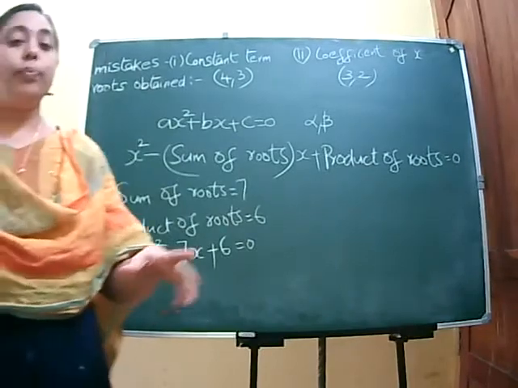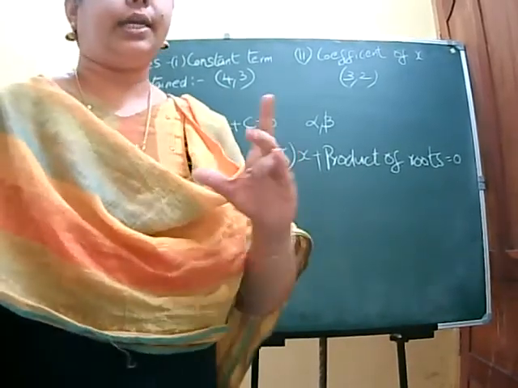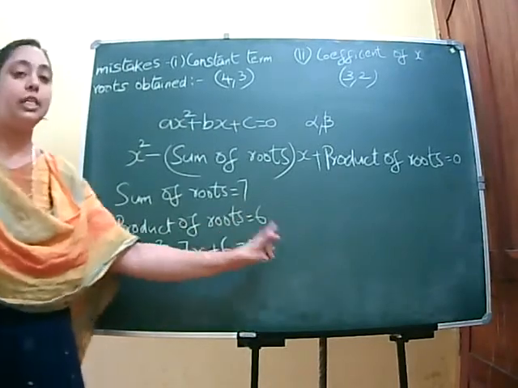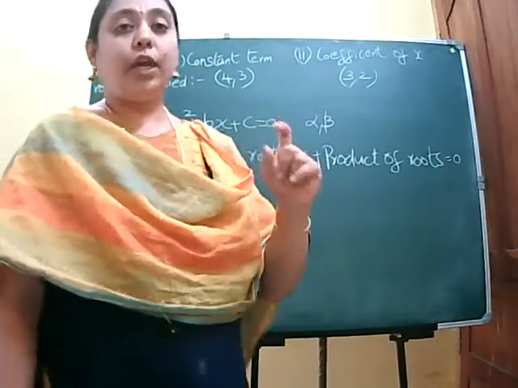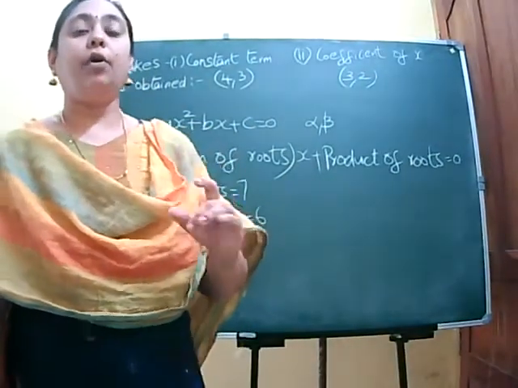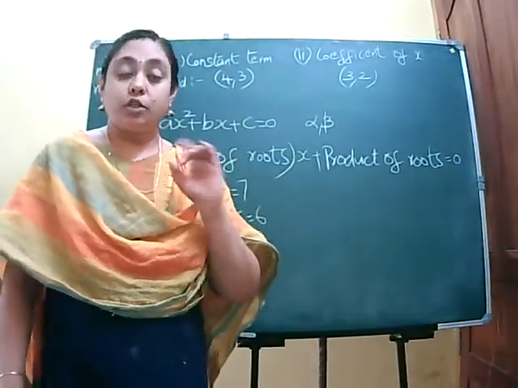So our required equation is x square minus 7x plus 6 is equal to 0. Now we have obtained the correct equation, and we have to solve it.